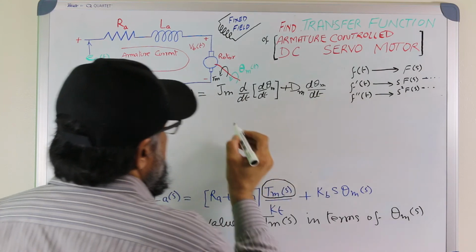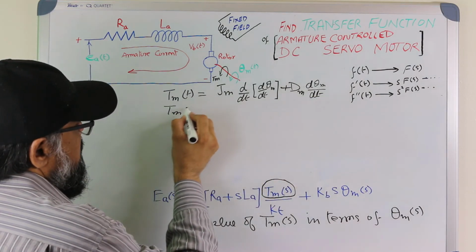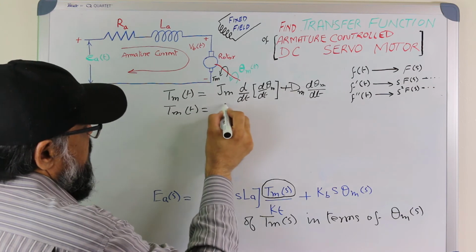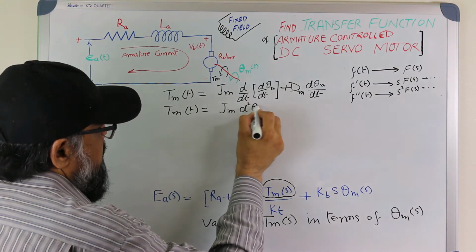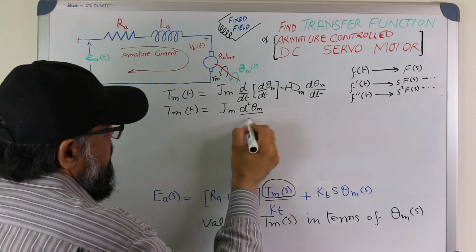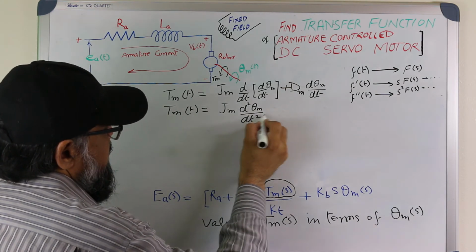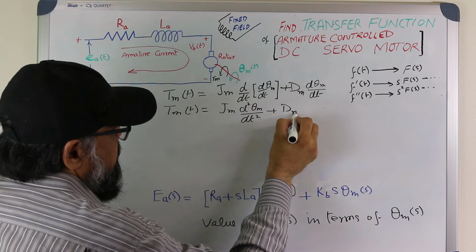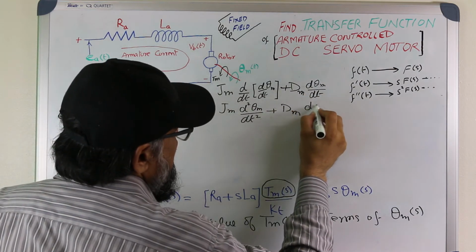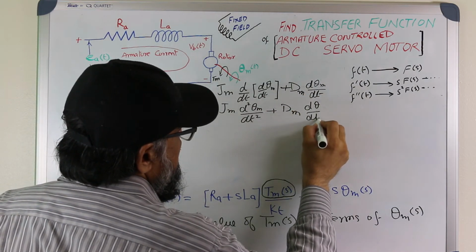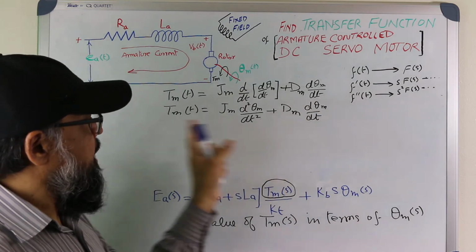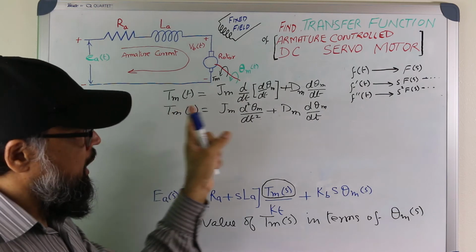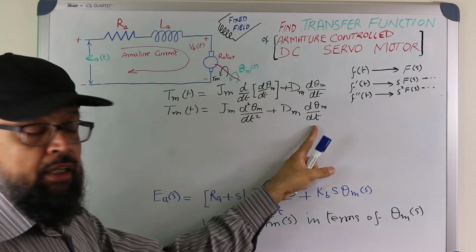This is omega. So we get torque equals Jm d square theta m by dt square plus Dm d theta by dt.